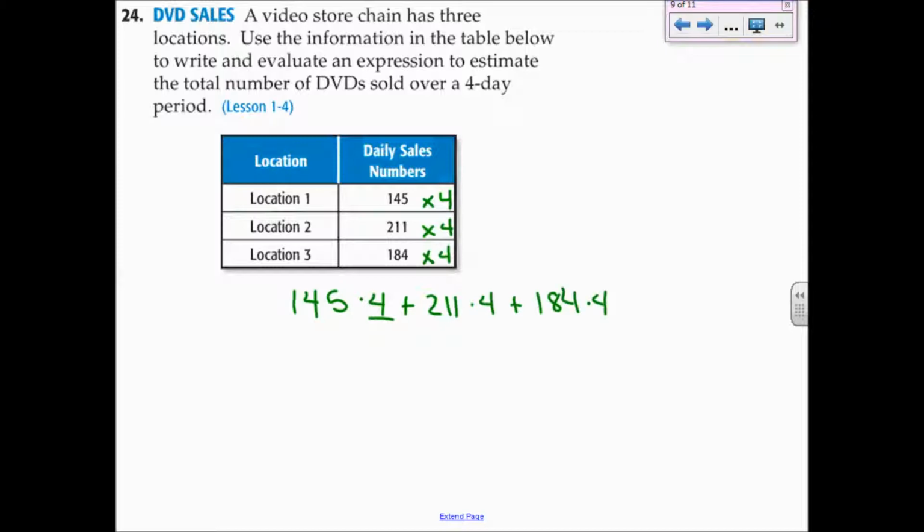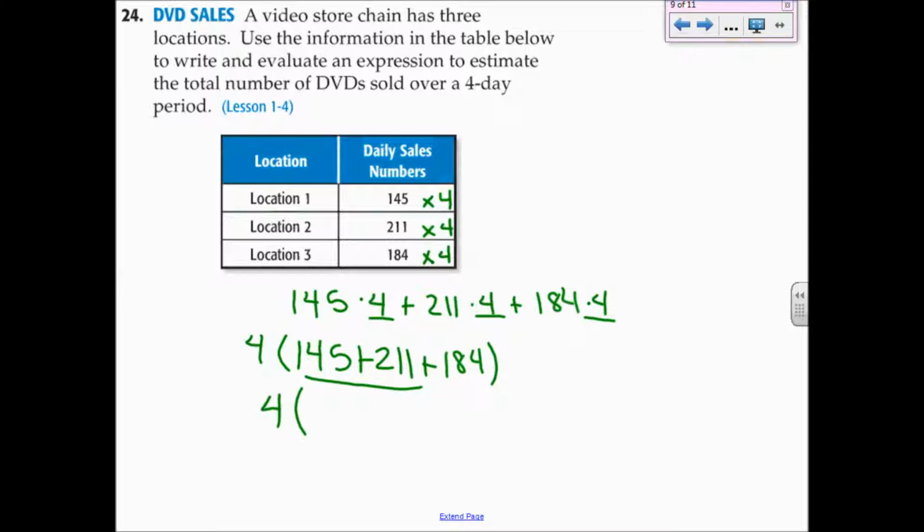And since every one of these has 4, I can now use the distributive property and say, well, it could have been written this way then, where I add all of these separately and then multiply by 4. So inside the parentheses, I have 145 plus 211.